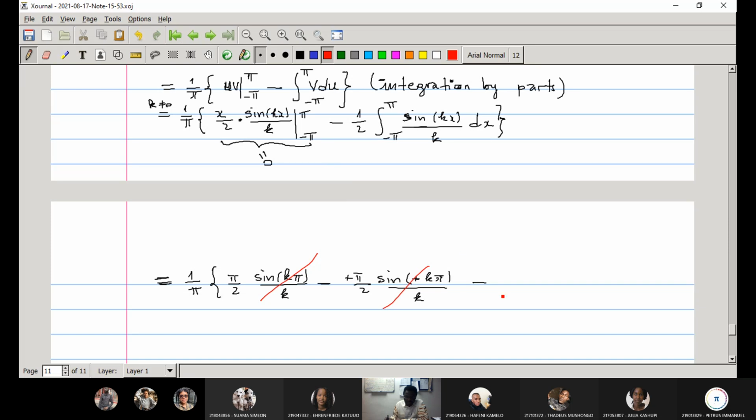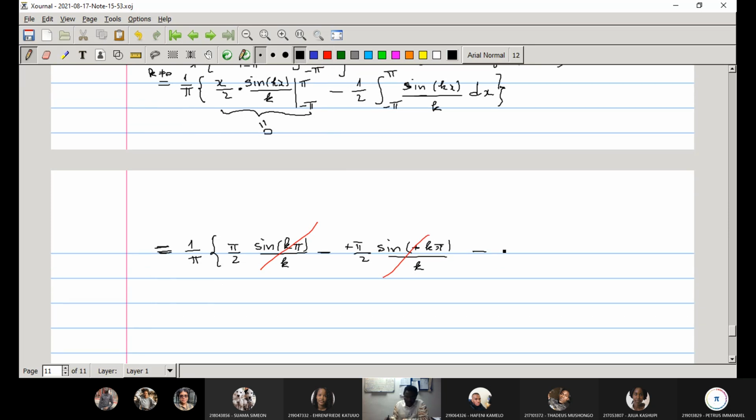Okay, minus for this 1 by, I can take even this k out, so that will be negative 1 by 2k. So I'm taking this k out. Okay, now what is the antiderivative of this? The antiderivative of this will be negative cosine kx by k.